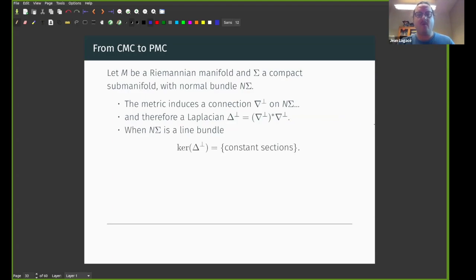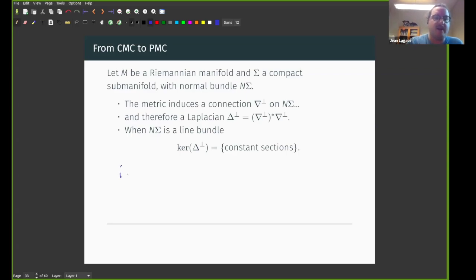And when the normal bundle is a line bundle, the kernel of this normal Laplacian is the constant sections, specifically, and therefore having constant mean curvature.